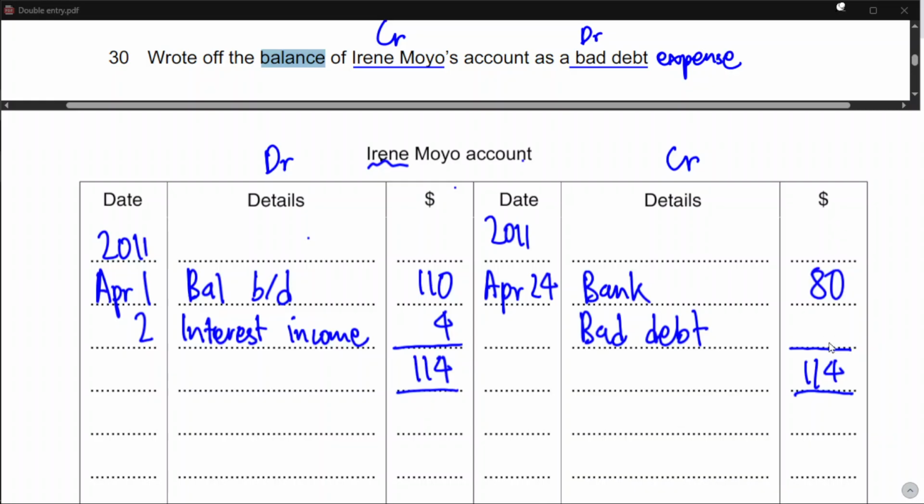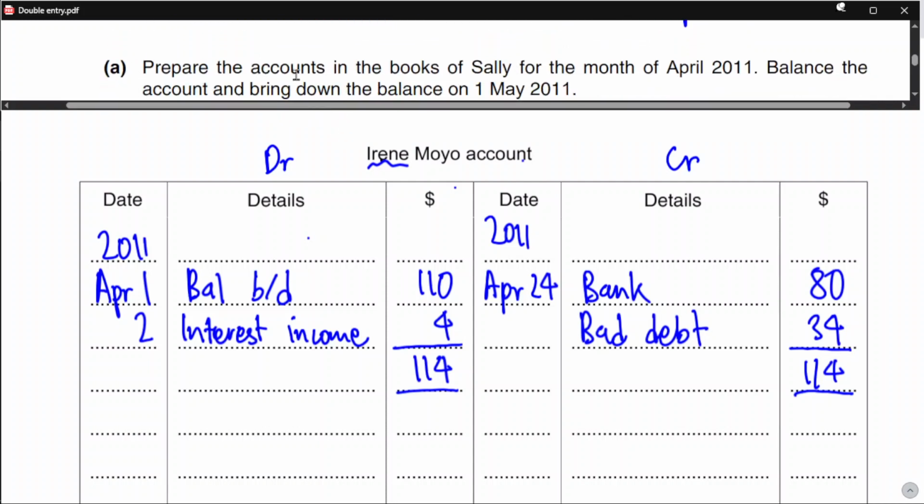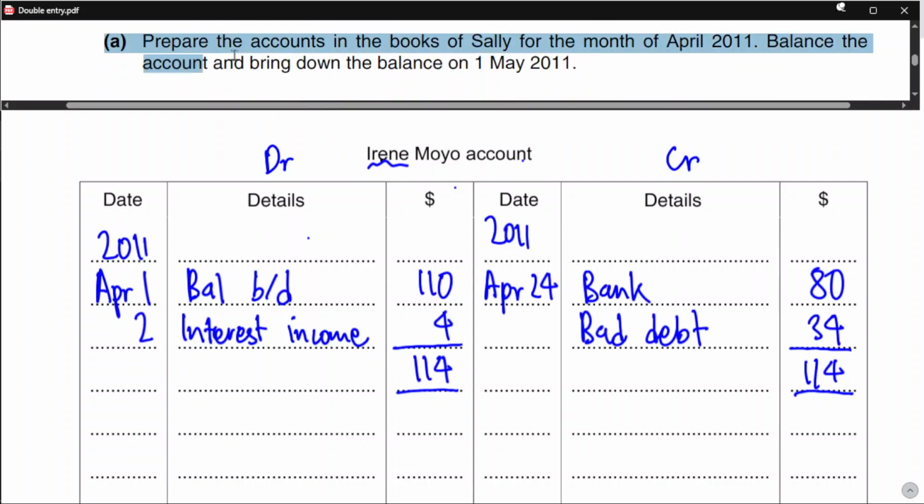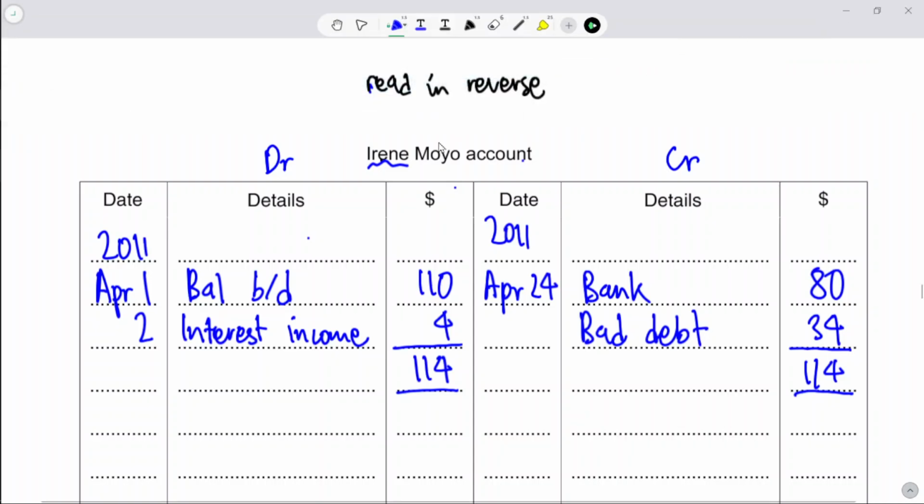So this minus this will get 34. Now let's continue. Now we read back the question again. So we done already.